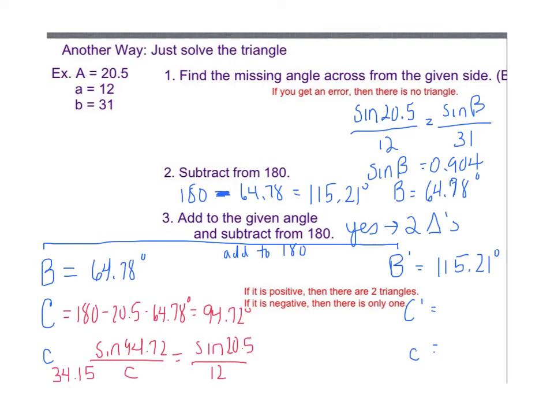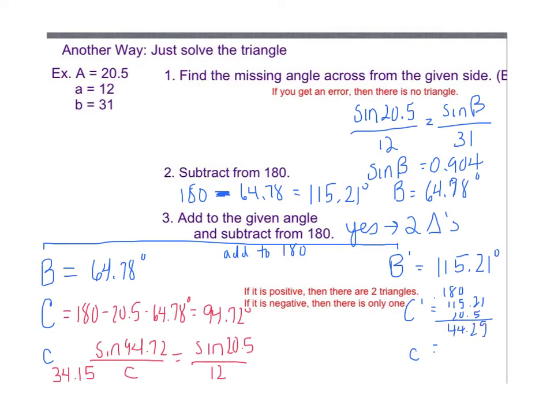Okay. Over here, to get this C, I'm going to do 180 minus 115.21 and 20.5. And that's going to give me a much smaller angle, 44.29.